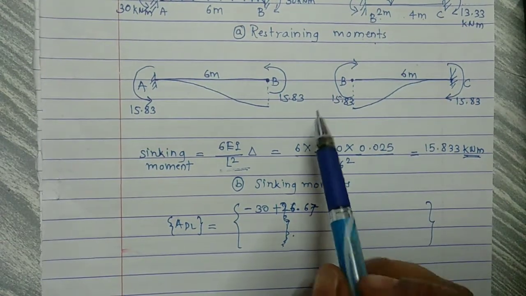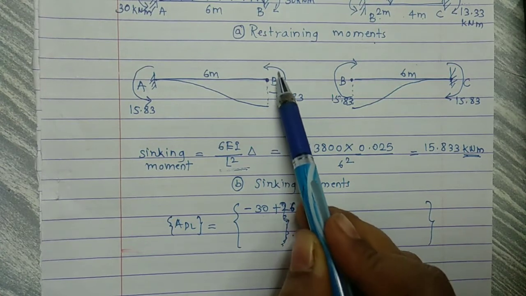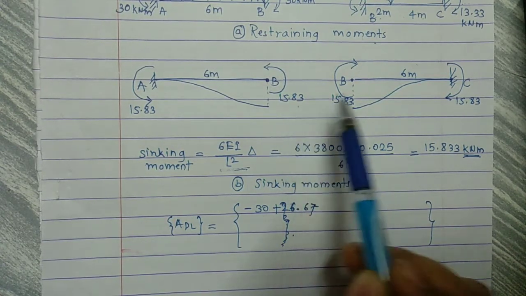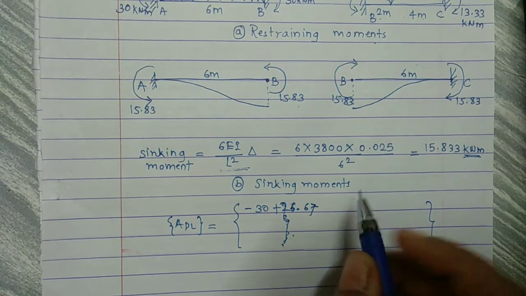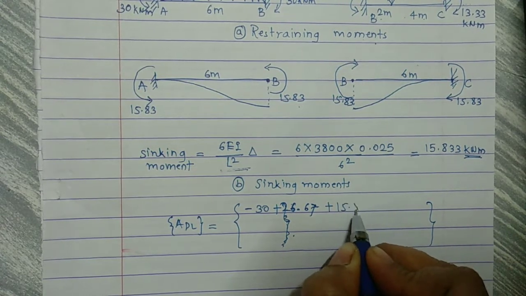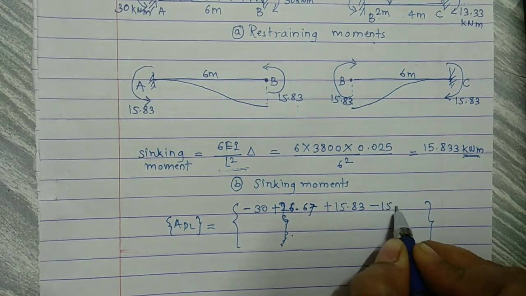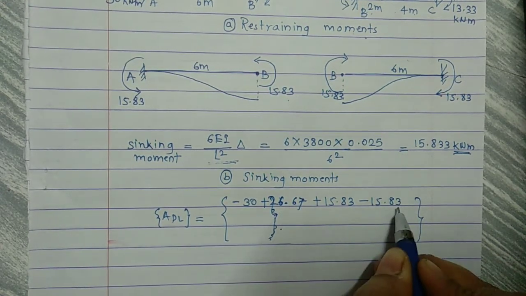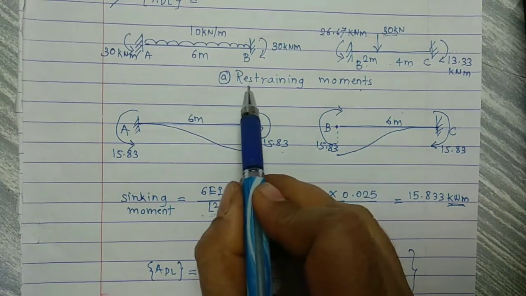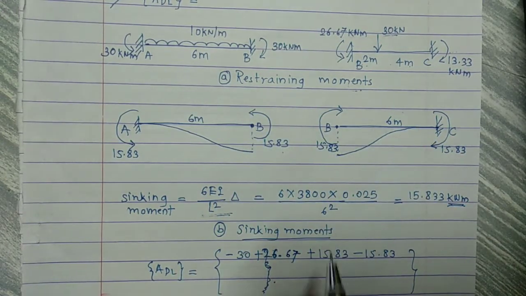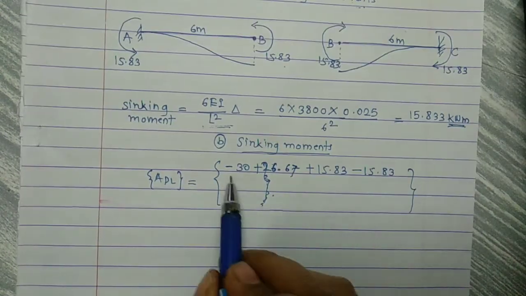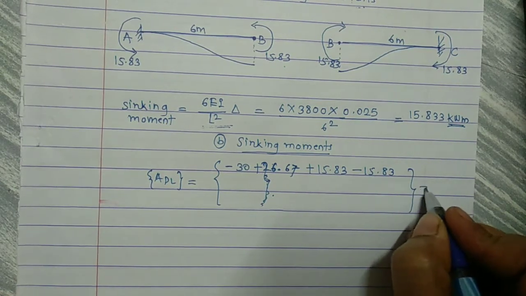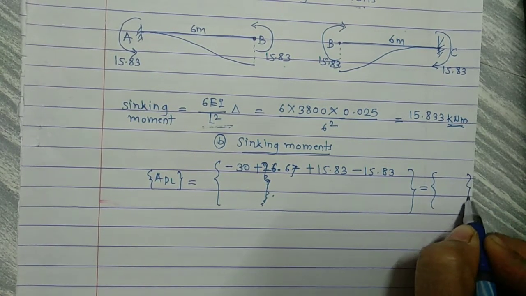Now from sinking, the moment at B, this anti-clockwise 15.83 and this clockwise 15.83. So plus 15.83 minus 15.83. Okay, so here total 4 moments are there. In the first element, action corresponding to theta B, that is the moment at B from the restraining moment figure and from the sinking moment figure. Okay, so that is the first element. We'll do the addition afterwards, this summation.